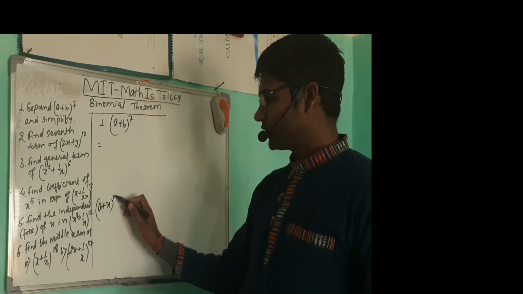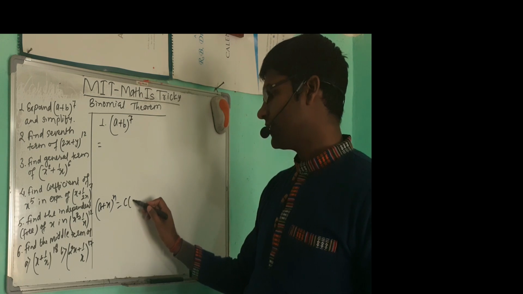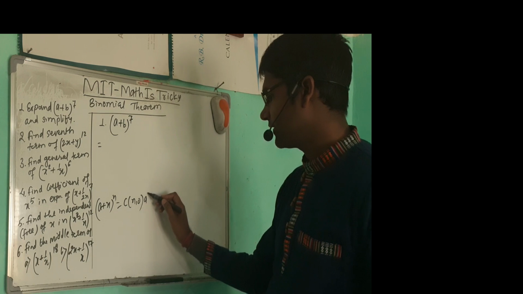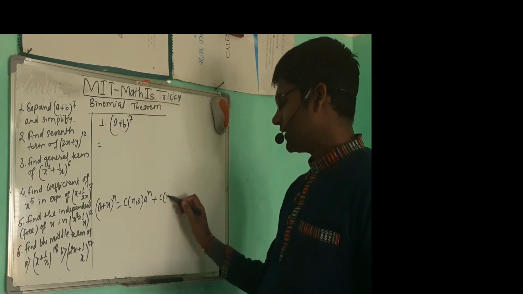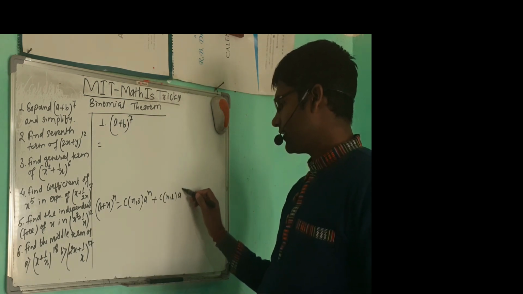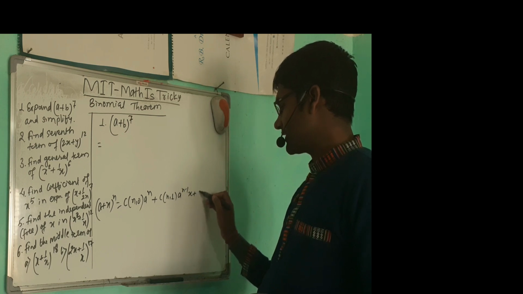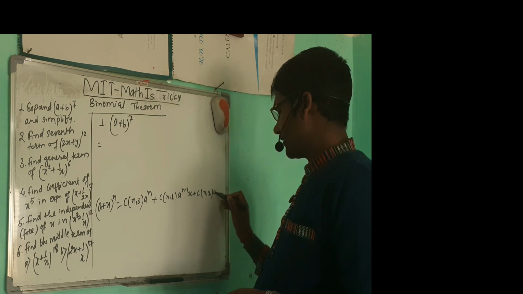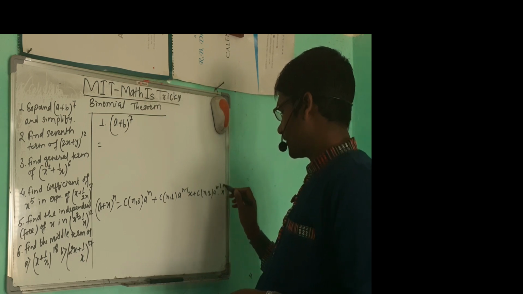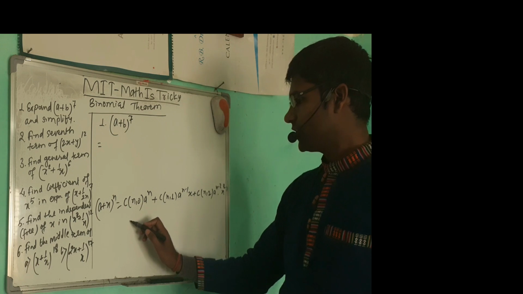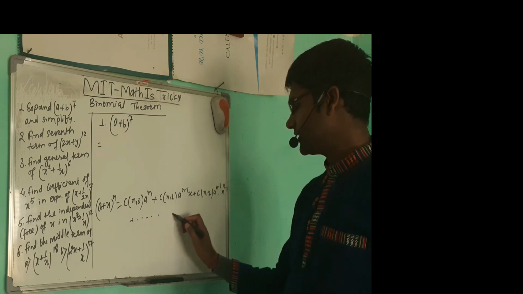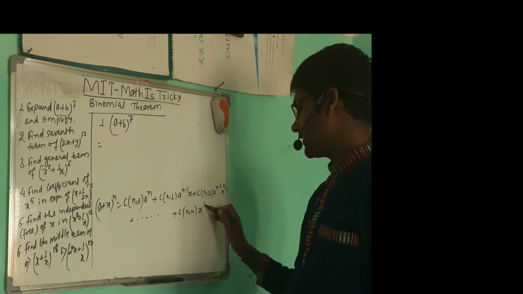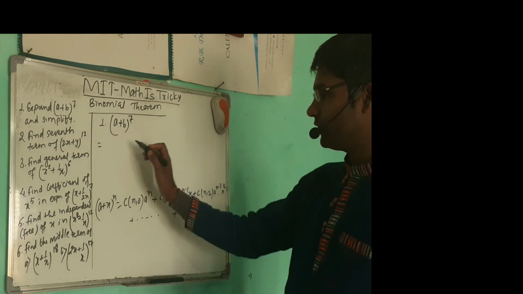The formula is C(n,0) a^n, plus C(n,1) a^(n-1) x, plus C(n,2) a^(n-2) x^2, and similarly at last C(n,n) x^n. This is how we write the formula, so now we can easily expand.